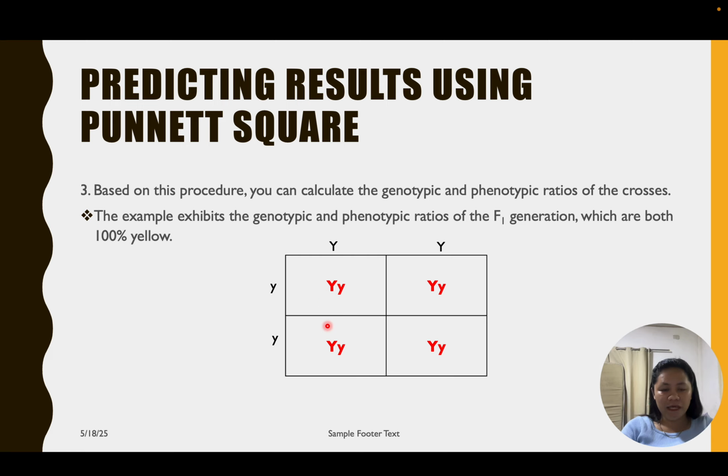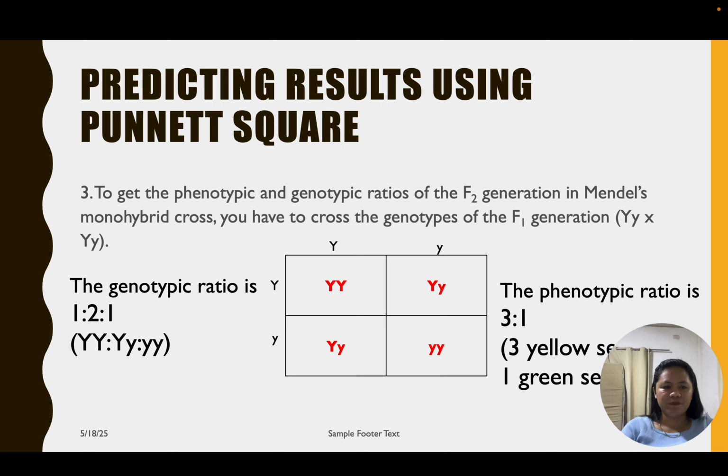So again, as what I have said kanina, even though these offspring carry a recessive trait right here, it will always show the dominant trait. Hence, it is still 100 percent yellow.